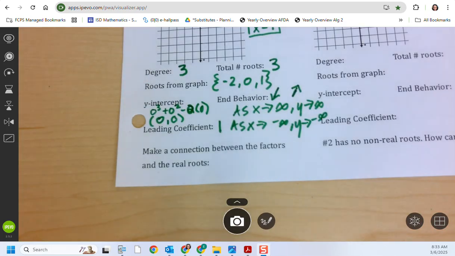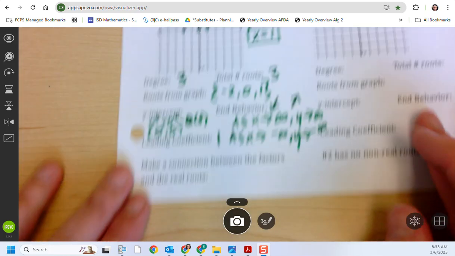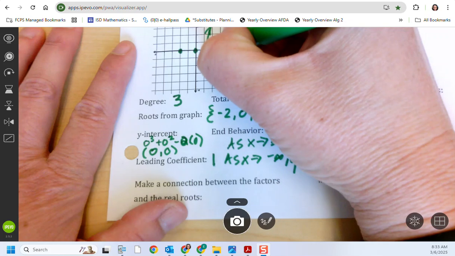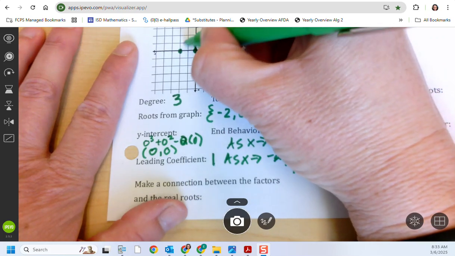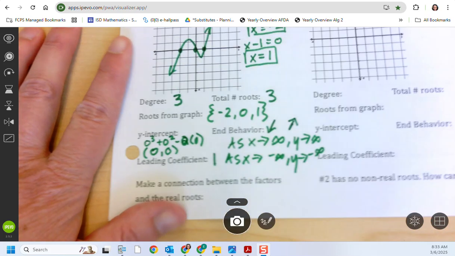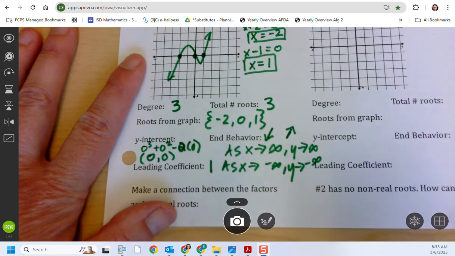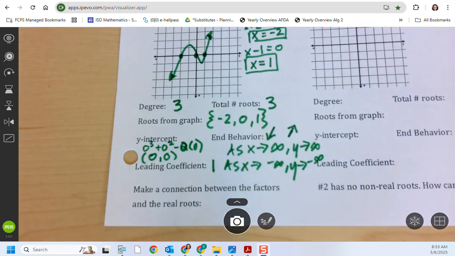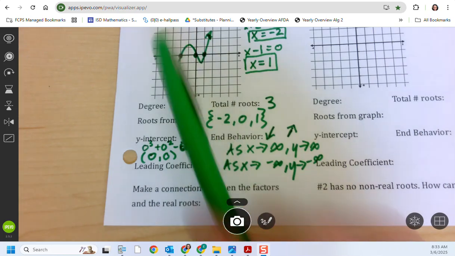So we actually have everything we need to sketch the graph now. Obviously, we're not going to get the heights correct, and that's okay. It's just a sketch. We have the important features in it. You see that? Make your end behavior match, and then go through your points.